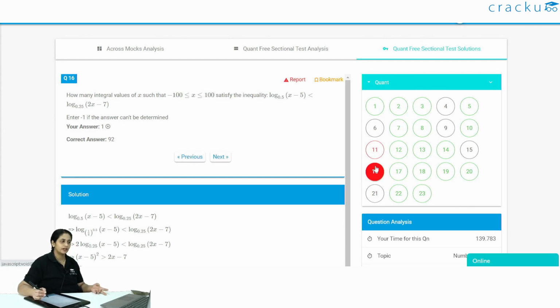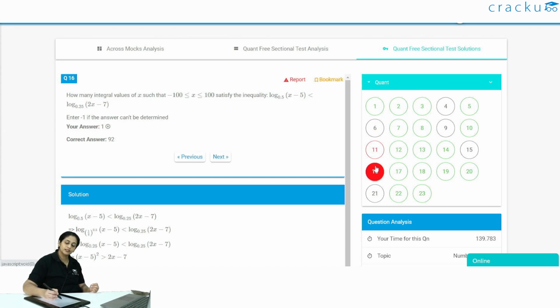Then you have to say, where is that inequality less than this? So you get x minus 5 the whole square is less than 2x minus 7. So essentially you will get values less than x minus 5, the less-than case, and again you will have to consider x minus 5 the whole square is greater than the other side, because at this point we cancelled a negative sign.